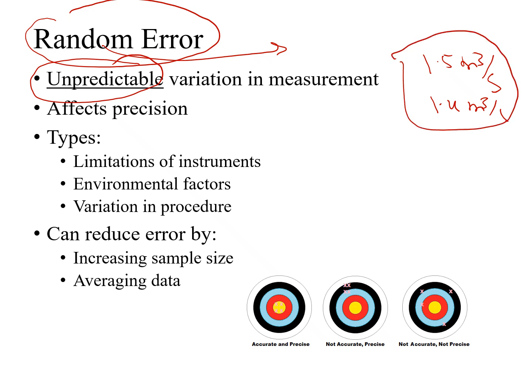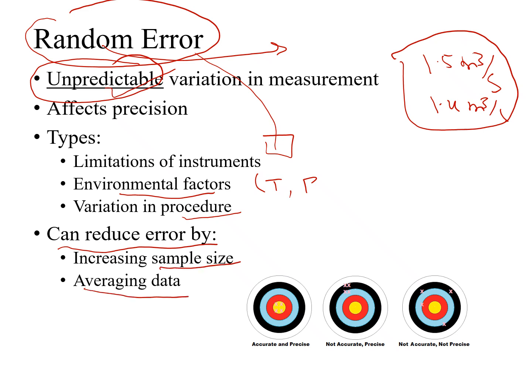What is the reason? We don't know, it's unpredictable. It could be due to environmental factors, maybe temperature or pressure changing, or variation in procedure. It's random in nature, and it can be reduced by increasing the sample size, maybe averaging the data. We call that random error.